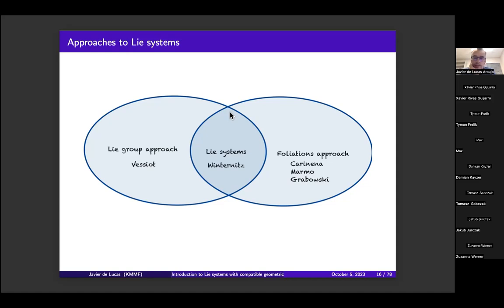These Lie systems are differential equations for which the general solution can be written as a function of a finite family of particular solutions and some constants. I mean, you have a differential equation, and you are able to describe the general solution in terms of a finite family of particular solutions and certain constants.